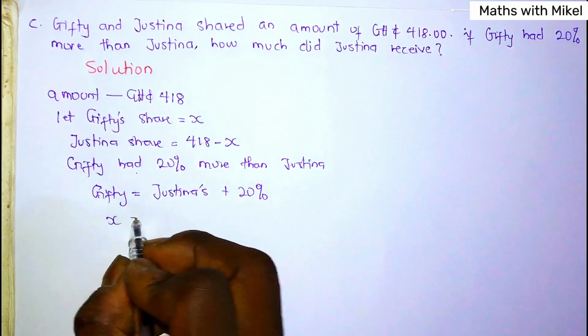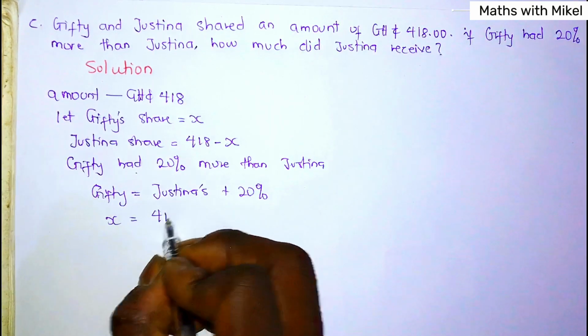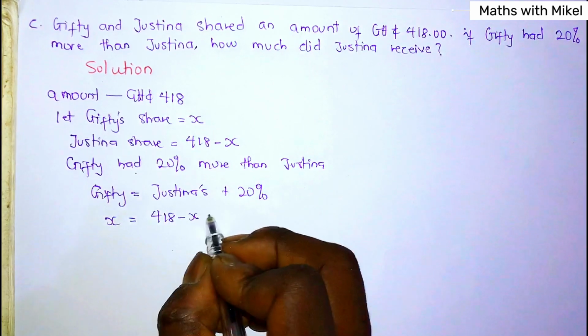So Gifty we know is x, Justina is 418 minus x.